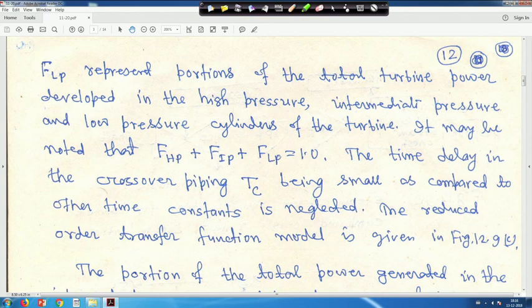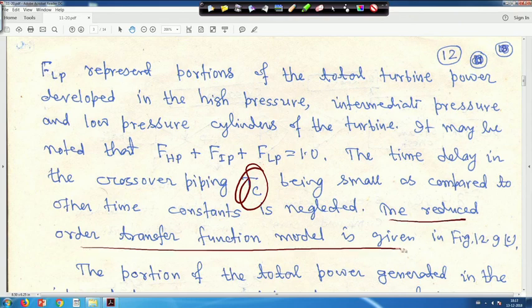The time delay in the crossover piping, TC, being very small compared to the other time constants, is neglected. We will not consider TC, we will simplify it, right. Therefore, the reduced order transfer function model is given in Figure 9C.